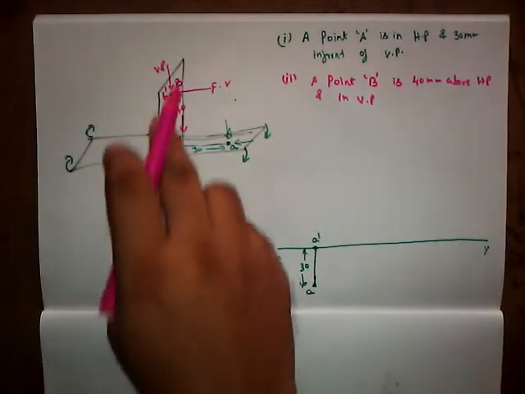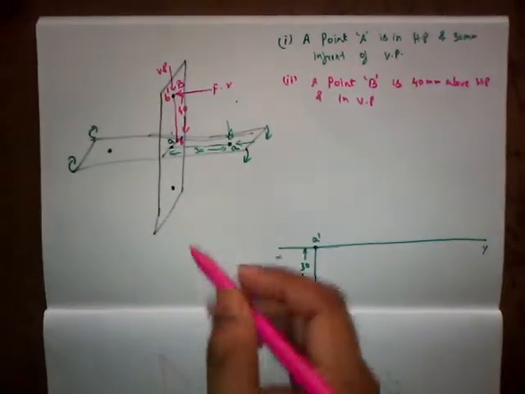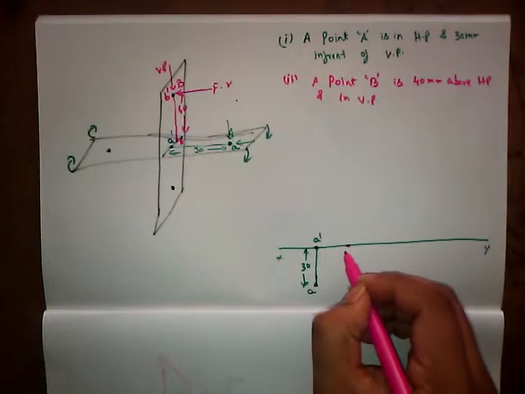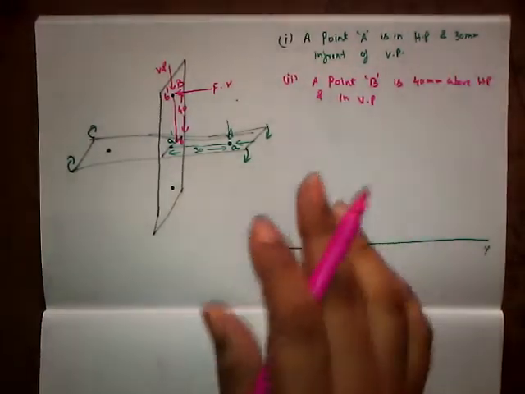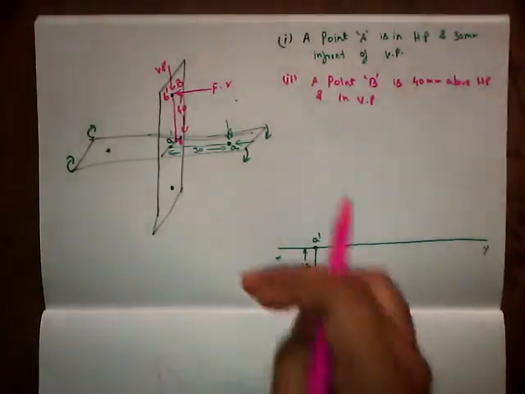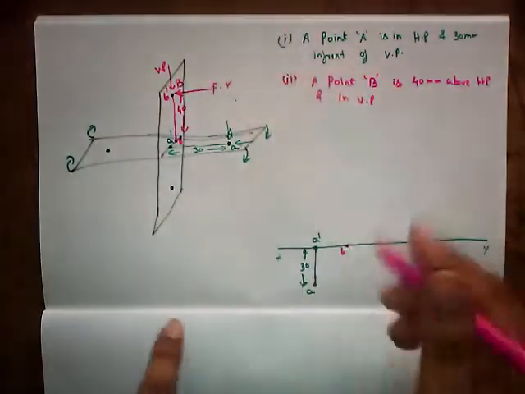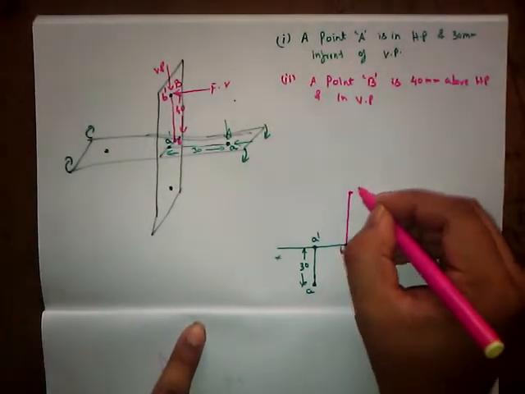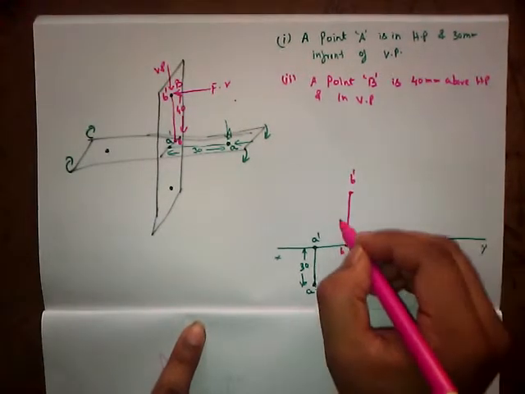Okay, so on the vertical plane we have the point b on the XY reference line, and from above the XY reference line we have another point which is at a distance of 40 mm, B dash.